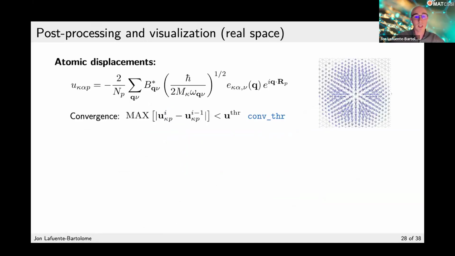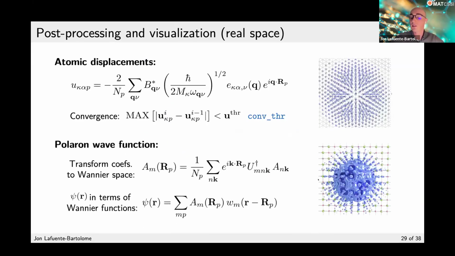Okay, now for post-processing, I wanted to mention two things that one typically always wants to explore after performing these calculations. The first one are the atomic displacements. So these are relatively easy. One just uses the expansion that I showed before between the displacements in real space and phonons in reciprocal space. So plugging in here the B_qν coefficients one obtains from the calculation, one can transform and plot the displacements in real space.